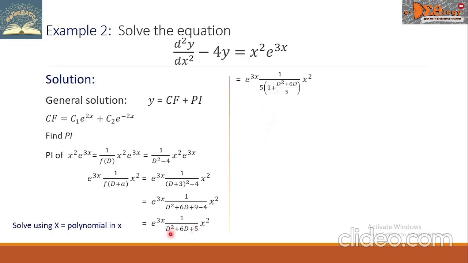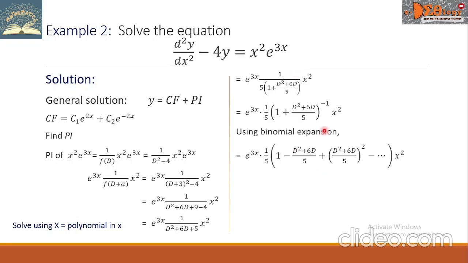Plus, this D squared plus 6D will put us all over the denominator 5. For the terms in the grouping symbol, we're going to put this in the numerator. It means we will use the negative 1 as exponent. So it becomes like this. In this case, we're going to use the binomial expansion.